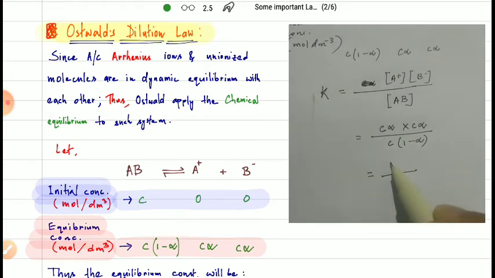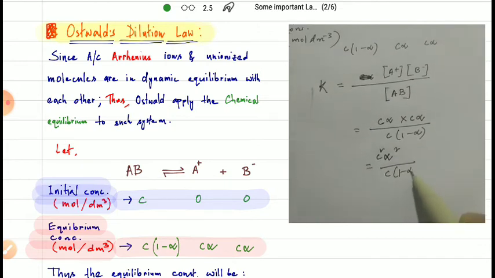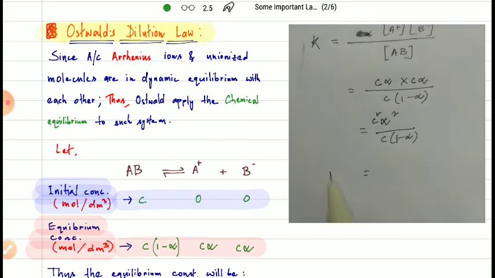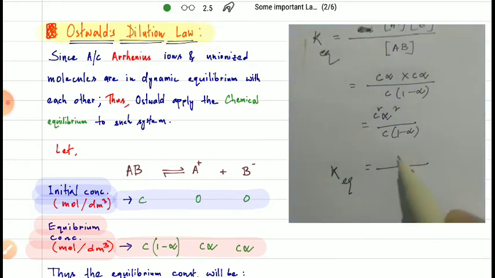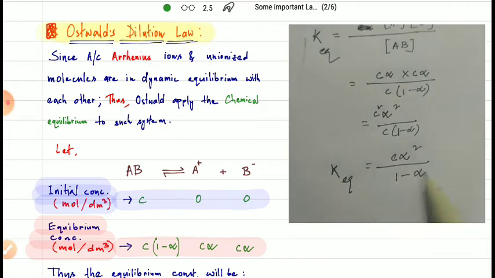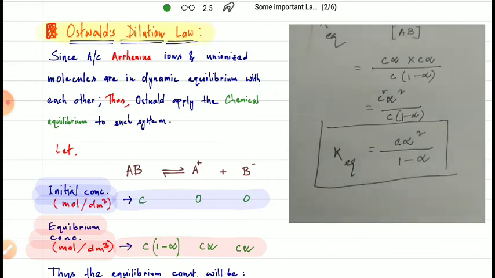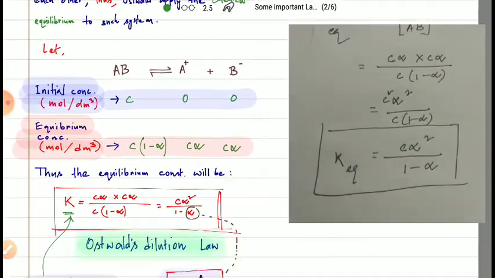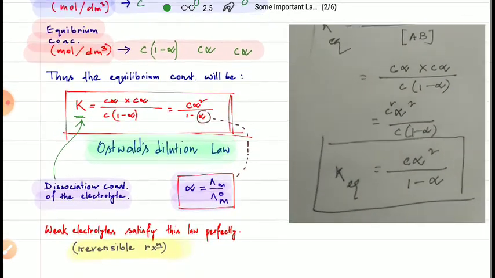So this will be alpha square C square over C into 1 minus alpha. So K equilibrium, because it is the equilibrium constant, will be C alpha square over 1 minus alpha. This is actually the Ostwald dilution law.